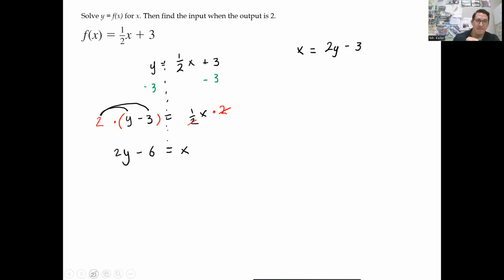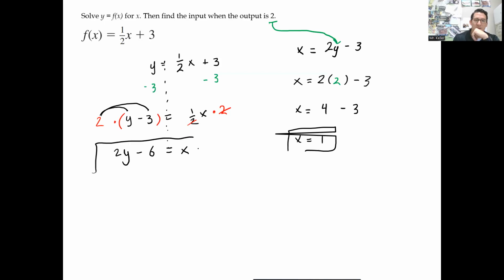And then find the input when the output is 2. So again, I'm going to just take this and substitute it in for the y. So it's going to be x is equal to 2 times y minus 3, and y is 2. So evaluate that. 2 times 2 is 4, minus 3. 4 minus 3 is 1.